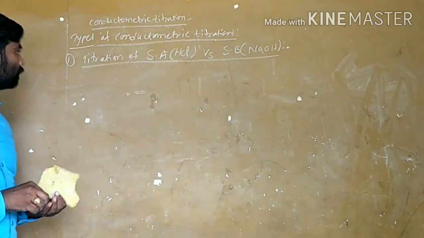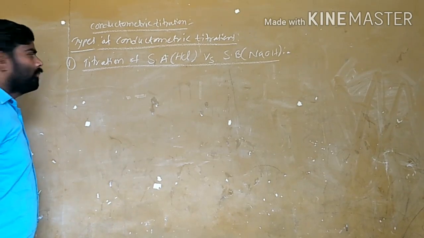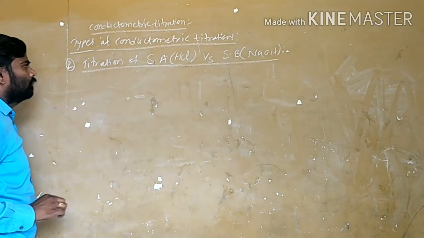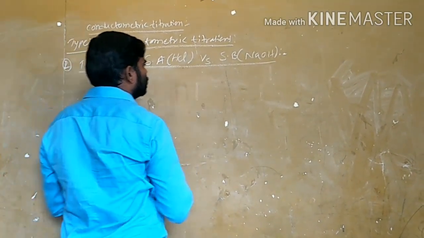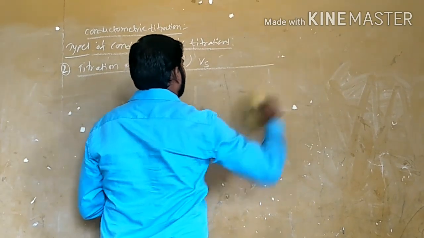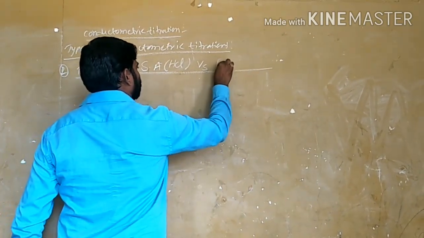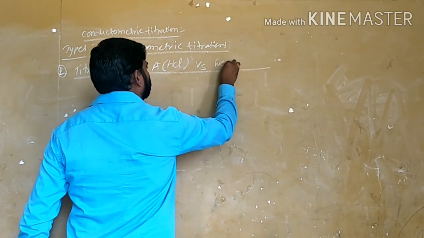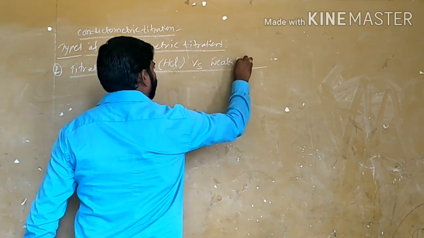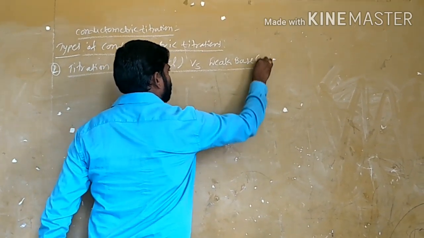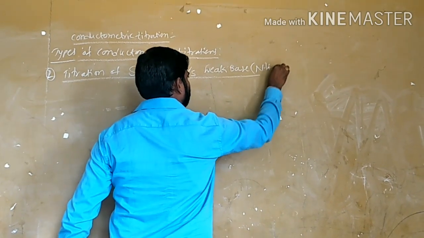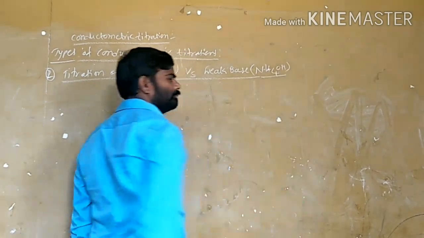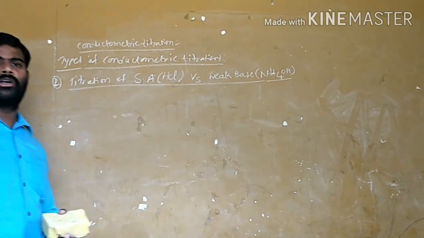The second, titration of strong acid versus weak base. This weak base is ammonium hydroxide. The same procedure we are following here.